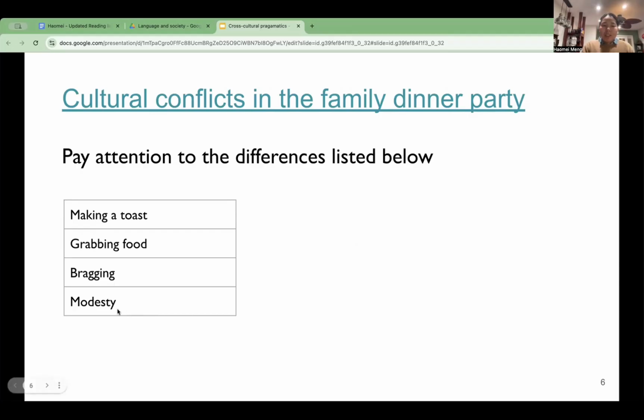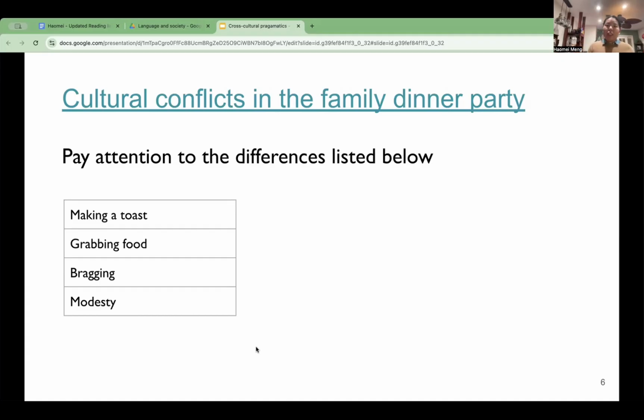For the last one, modesty is also kind of a Chinese feature. You see, the mom offered the food that she was pretty proud of, but she used another way. She said something the opposite way, that the food is not salty enough, not good enough. What she really means is that she wants to hear a compliment from the guest instead of improvement tips.